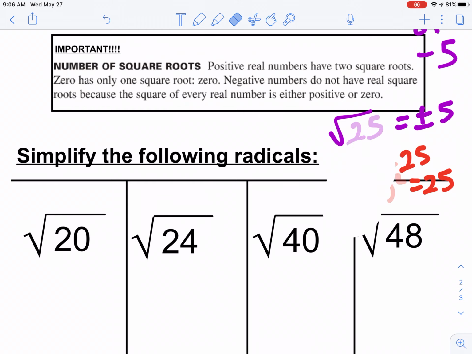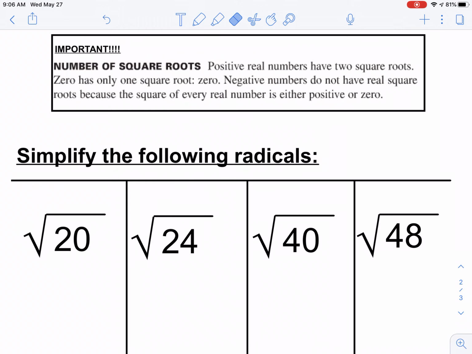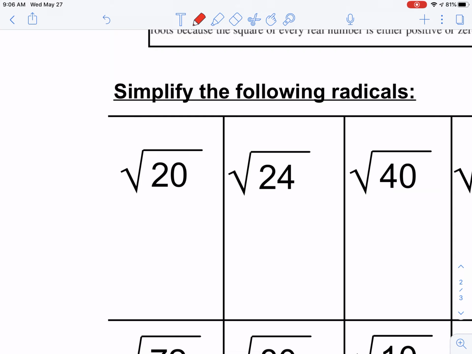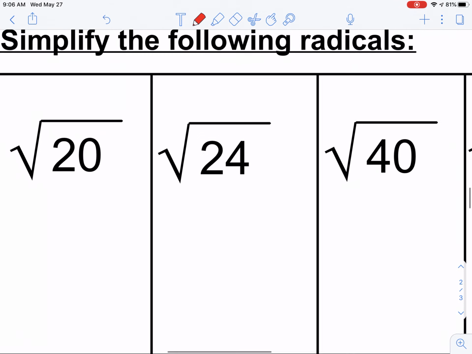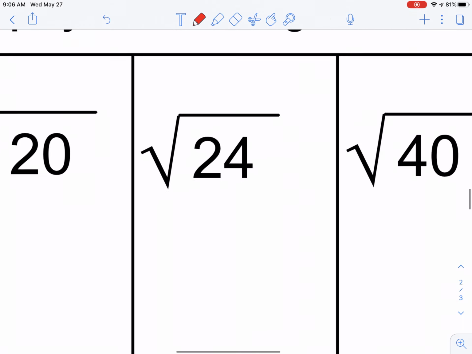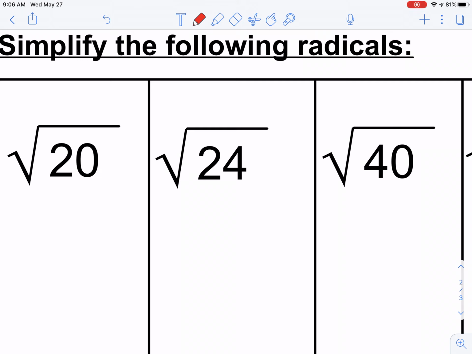All right, so how do we actually simplify? So back to our example on slide 1, we had the square root of 24, right? You have to recognize that 24 is a number that has factors that are smaller than it that could be square rootable. So like 24 can be written as 4 times 6, right?